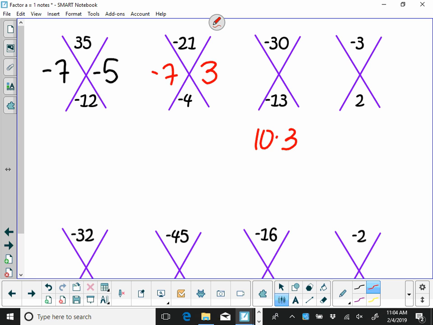Neither one of those would work, so you're going to jump to negative 15 and 2. Good job. And then the last one on that row? 3 and negative 1.